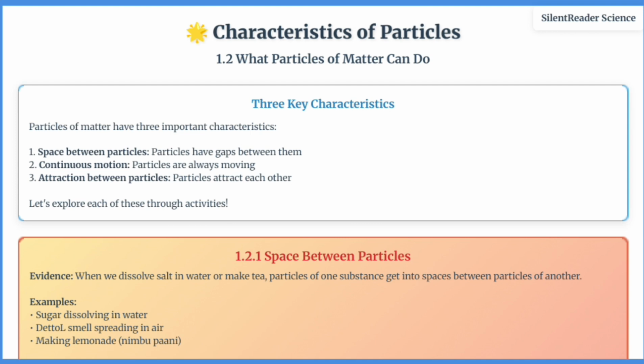This is why solids hold their shape and why it's hard to break some materials. The movement of particles increases with temperature. That's why diffusion happens faster in hot water than in cold water. These three characteristics, spaces between particles, continuous movement, and attraction between particles, explain many everyday phenomena.